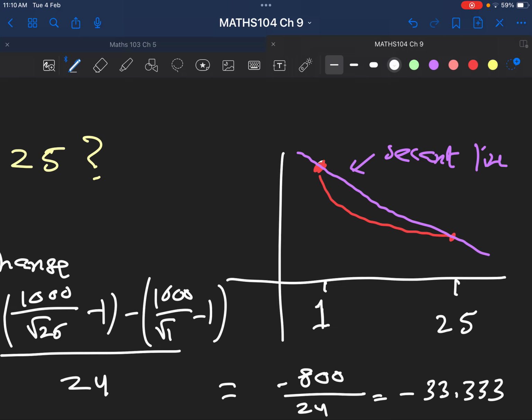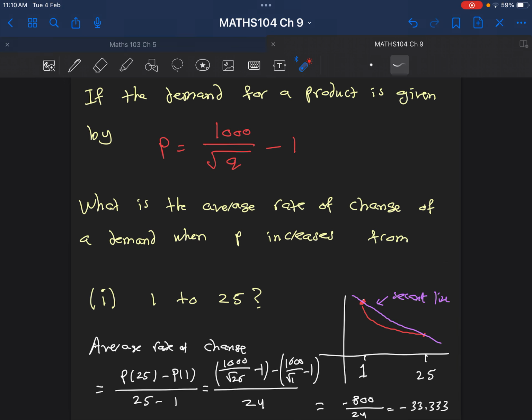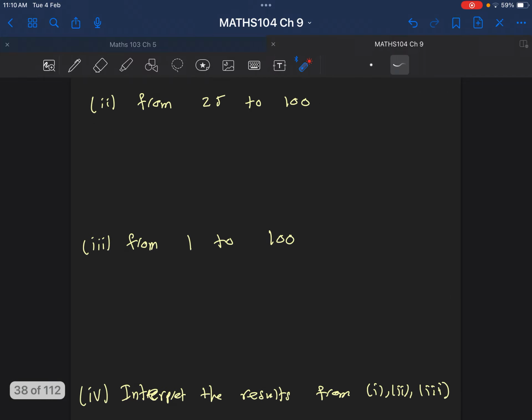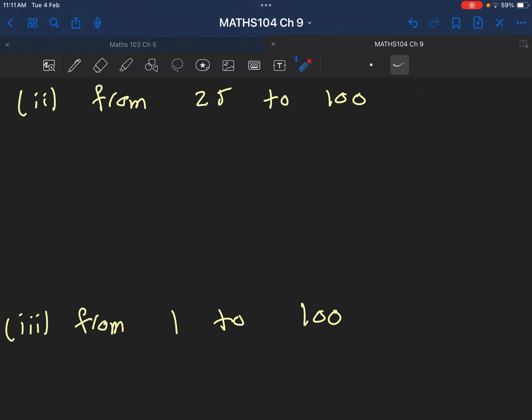I will explain it later in part D, but the unit will be dollars per quantity. So for each increase in quantity of 1 more product available, the price will drop by $33.33. I'll explain it later, but this is the formula.